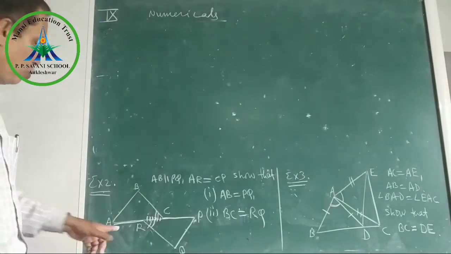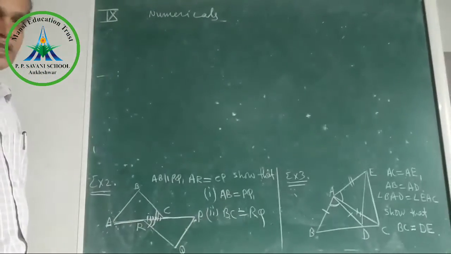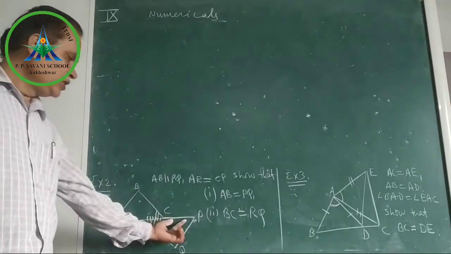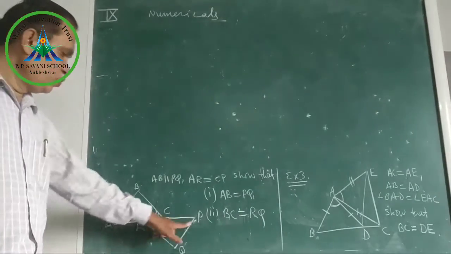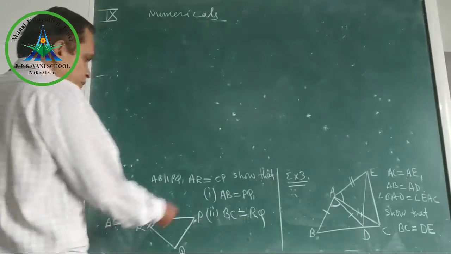CR is part of both AC and PR. Therefore, if we add CR in both AR and CP, we get AC equal to PR. Yes or no?